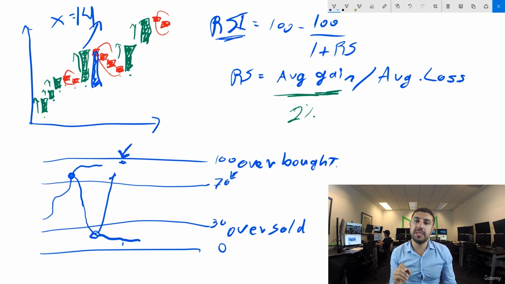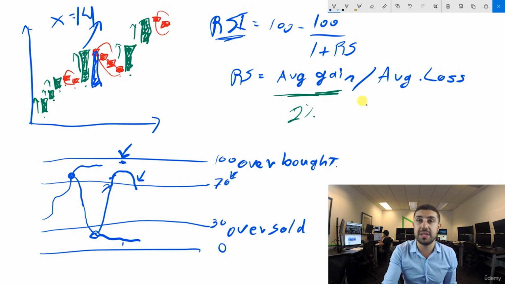The way you should do it is this. Once a stock becomes overbought, don't short it yet. But if it stops being overbought, so it became overbought, but then it stopped being overbought, which means what? Which means the momentum stopped and now there's bigger red candles. That's when you short.